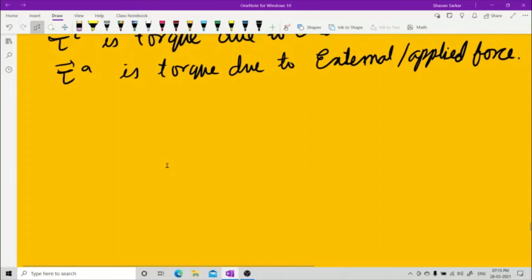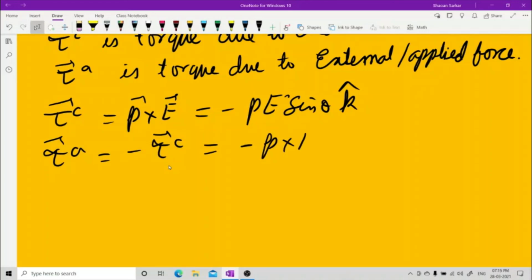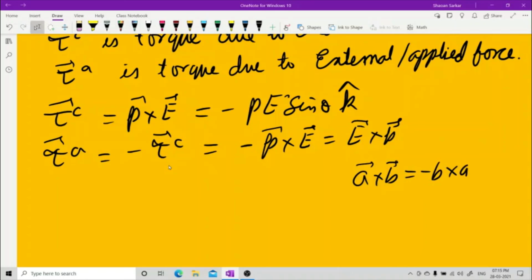Torque conservative I found out to be P cross E vector, which is nothing but minus P E sine theta k cap. Torque applied is nothing but minus torque C, which is minus P cross E. This is nothing but E cross P. Why? Because A cross B in a vector product is same as minus B cross A. And this is same as P E sine theta k cap.